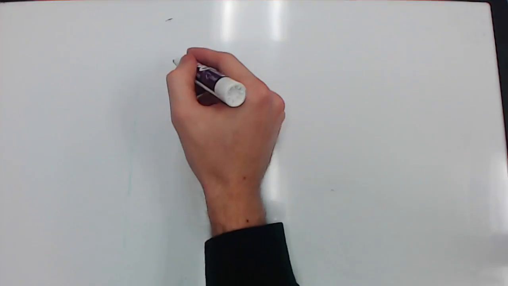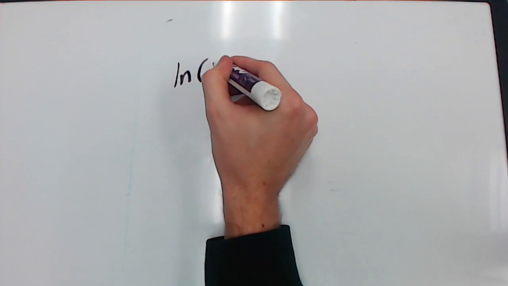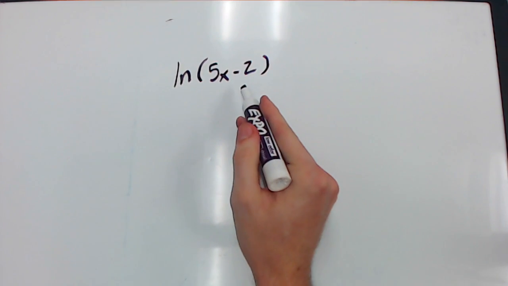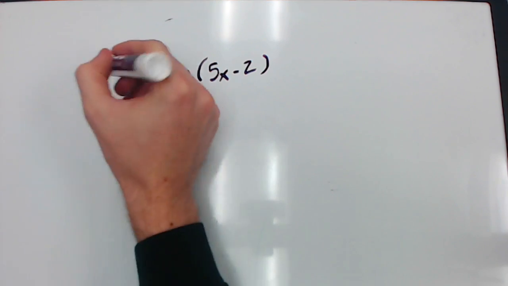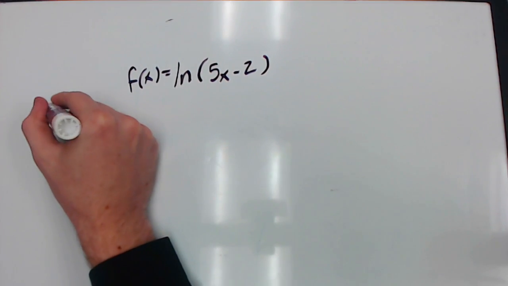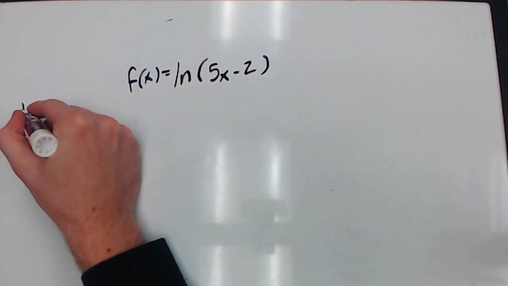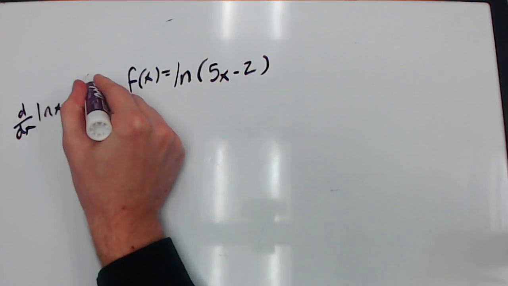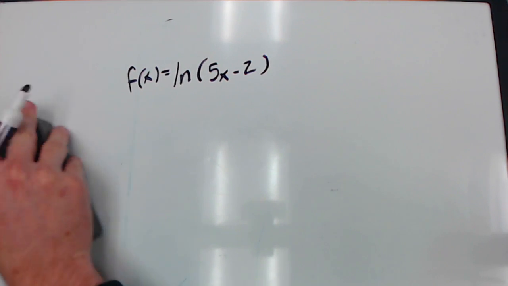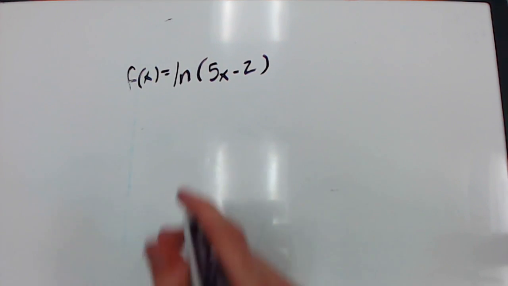So say we had the natural log of 5x minus 2, right? So we know that typically the derivative of a natural log of x would end up 1 over x. So in this case, we would do the same thing.